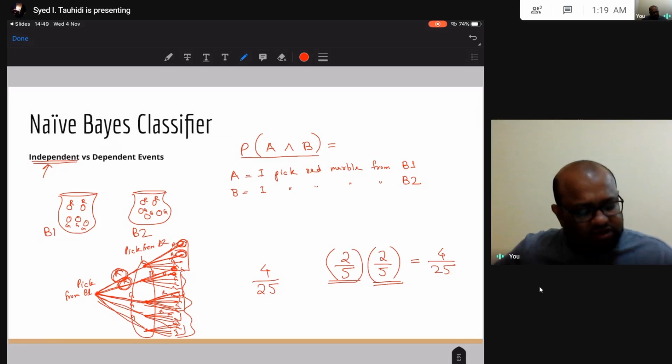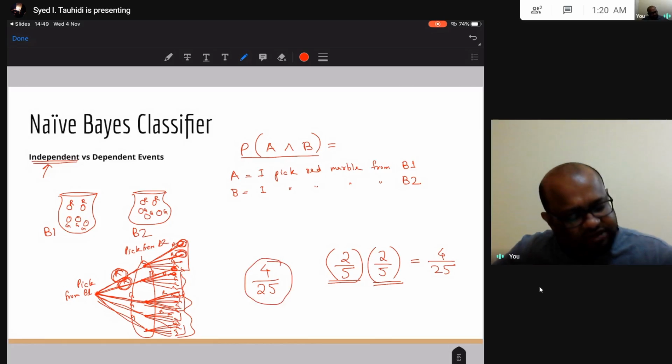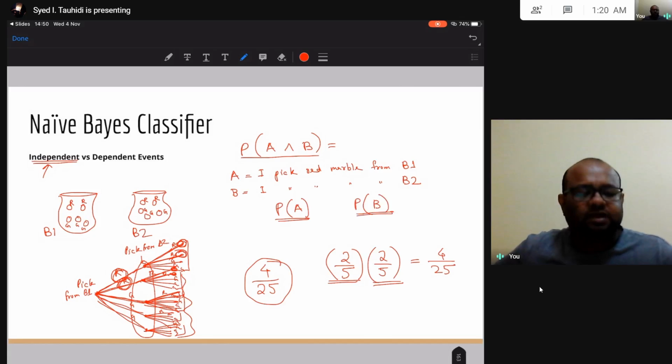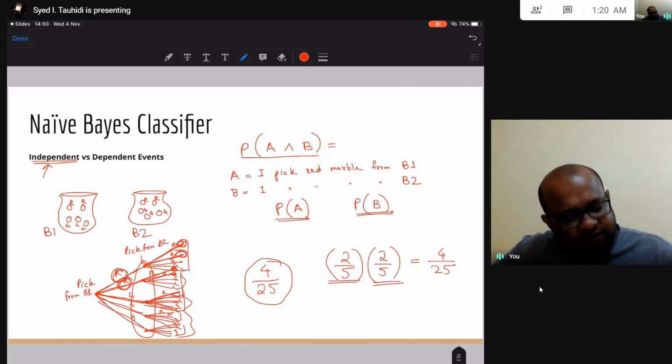Alright, so this is how I get this 4 out of 25. What I could have done, say I have some probability of picking a red from bag 1, say that is P of A, and I have some probability of picking a red from bag 2, say P of B. So the probability of A and B is probability of A multiplied by probability of B.